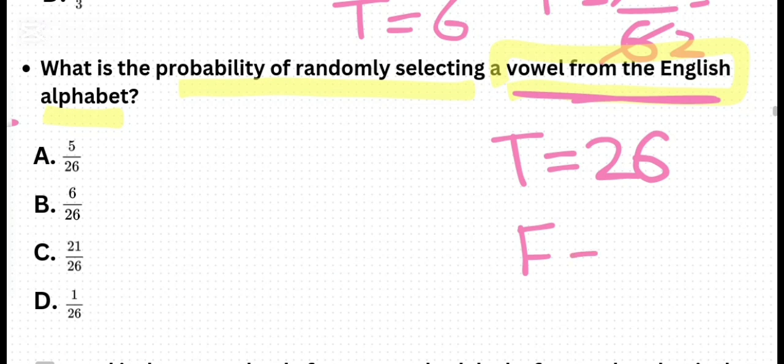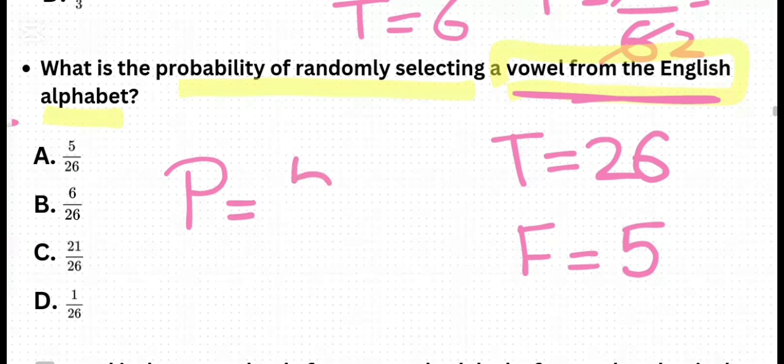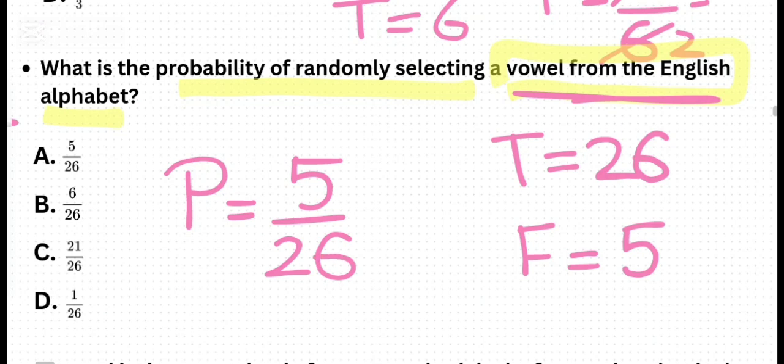So these are 5, as you know, the vowels A, E, I, O, U. So P is equal to F by T, so it becomes 5 over 26, right? So the correct option is A.